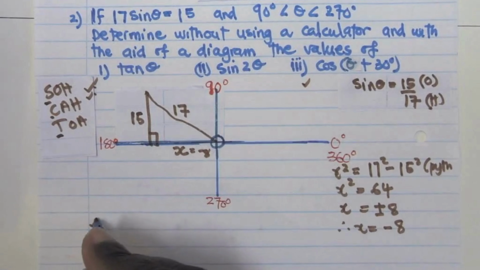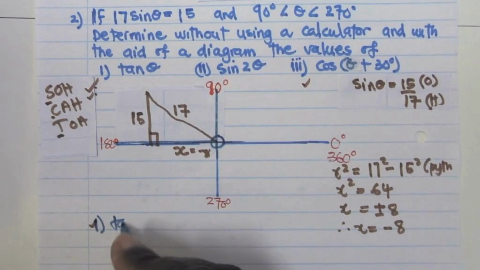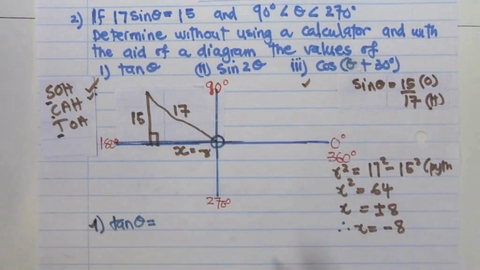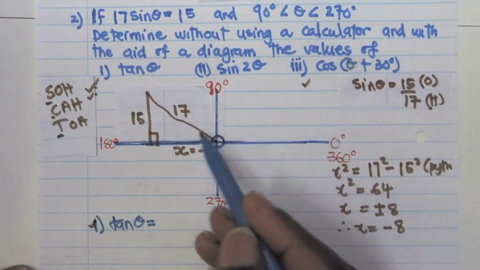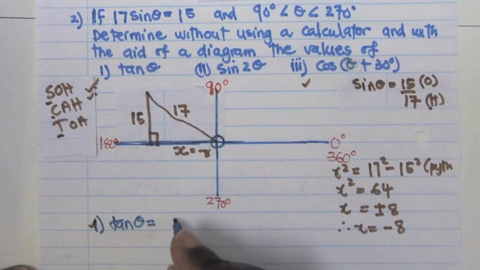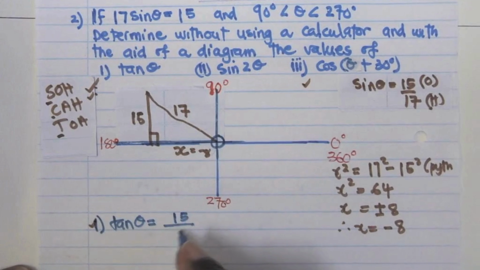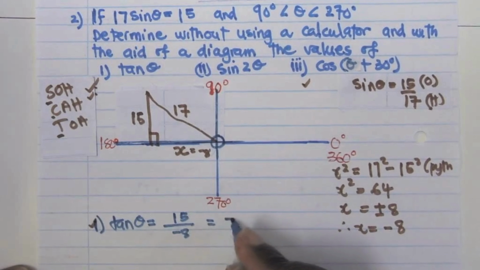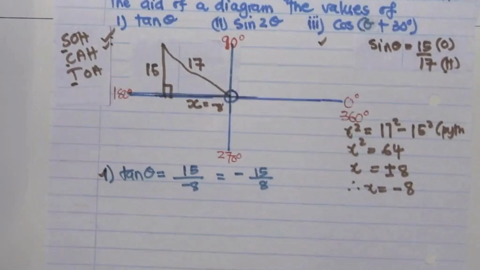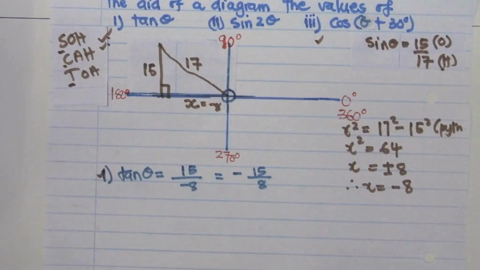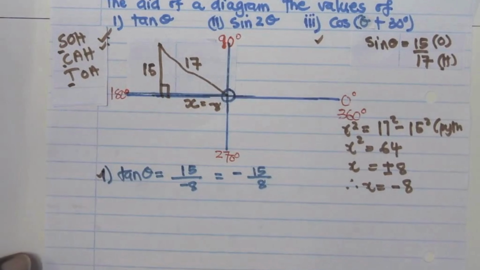Number one, we need to find the value of tan theta. And if we look at the diagram, we can see that tan theta is opposite over adjacent, which is 15 over negative 8, which I can write as negative 15 over 8. And I leave my answer like that.